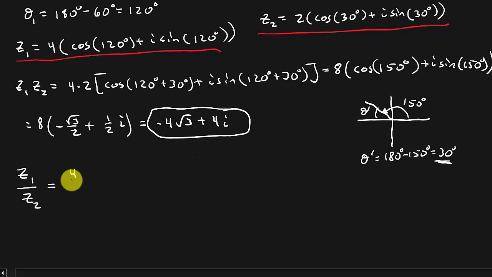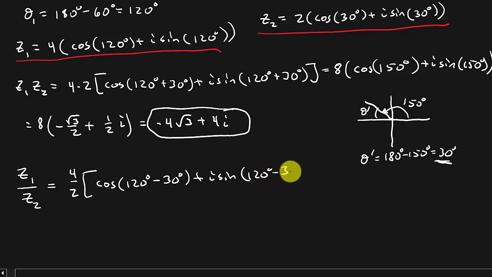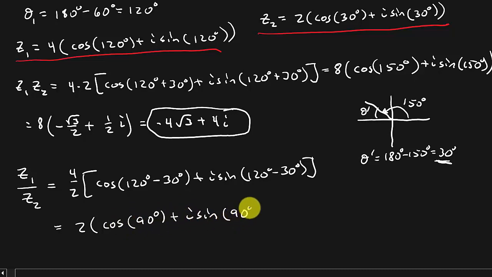So that's going to be 4 over 2 times the cosine of 120 minus 30 plus i sine of 120 minus 30. So that's going to be 2 times cosine of 90 degrees plus i sine of 90 degrees.